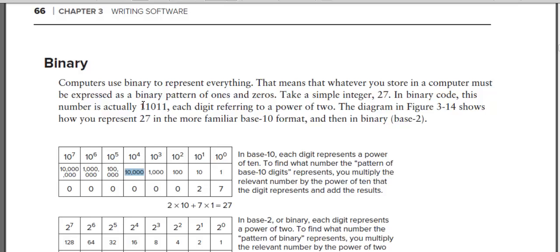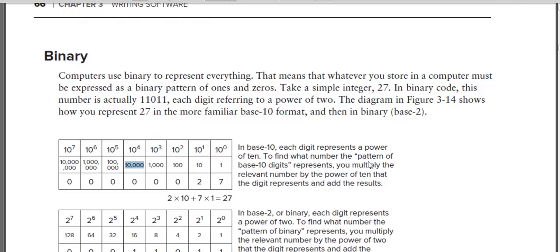The first digit represents the 0th power of 10, the second digit the first power of 10, the third digit the second power of 10, and so on. To find what number the pattern of base 10 digits represents, you multiply each digit by the relevant power of 10. So 7 times 1, 2 times 10, and so on, and then add the results, and you get 27.